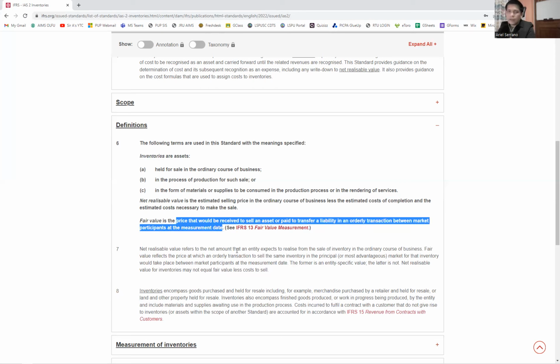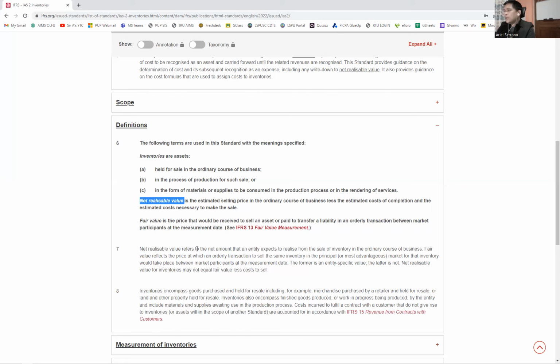Okay? Explain natin further. When we are talking of NRV or the net realizable value, it refers to the net amount. Okay? Net amount. Bakit net amount? Kasi nga, meron ka ditong estimated selling price less estimated cost to complete or cost of completion and estimated cost necessary to make the sale. So this is the net amount that an entity expects to realize from the sale of inventory in the ordinary course of business.